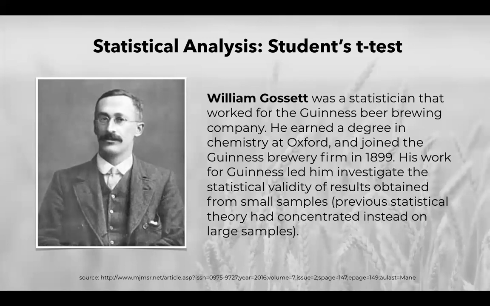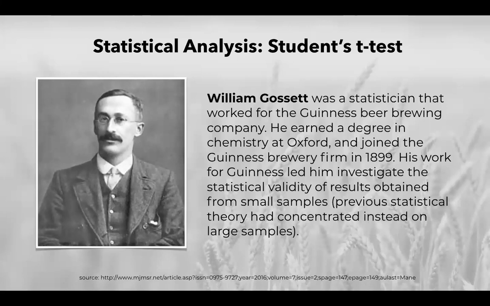To learn about this approach, we have to remember William Gossett. As you see, William Gossett was a statistician employed by a beer company back in the 19th century. This is Guinness beer. He was working with the Guinness brewing company, and he earned a degree in chemistry at Oxford and joined the firm in 1899.